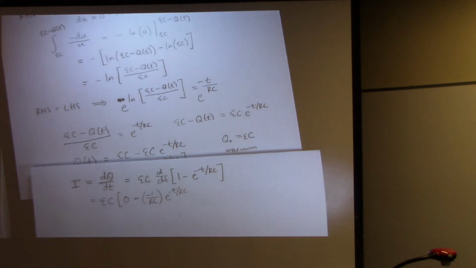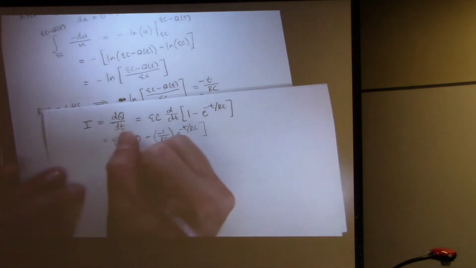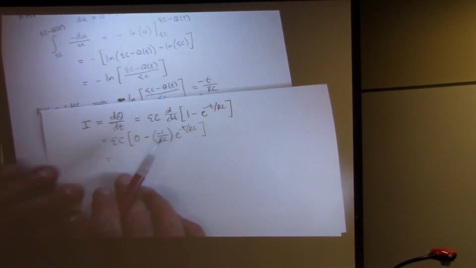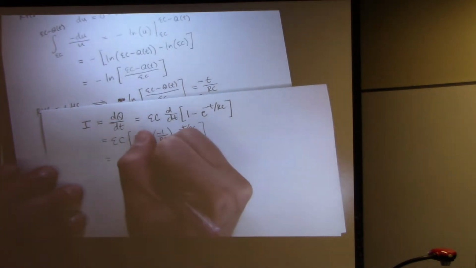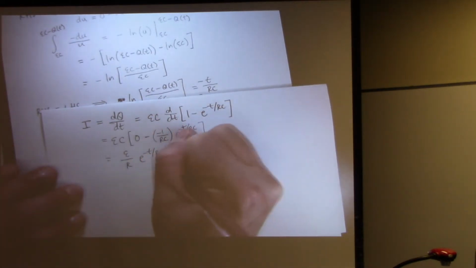All right, so let's consolidate everything we have here. First, we just have two negatives, so that's positive. We have a C on top and a C on the bottom, which cancel. Overall, we have epsilon divided by R times e to the minus t over RC.